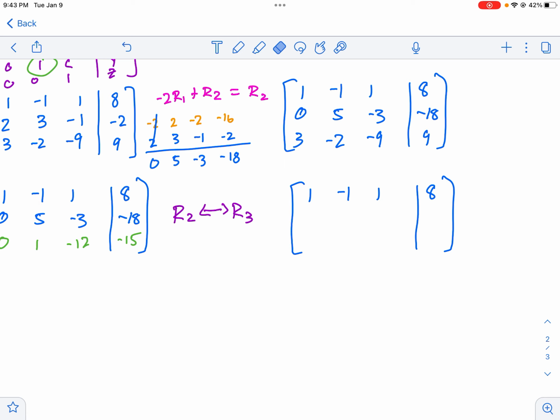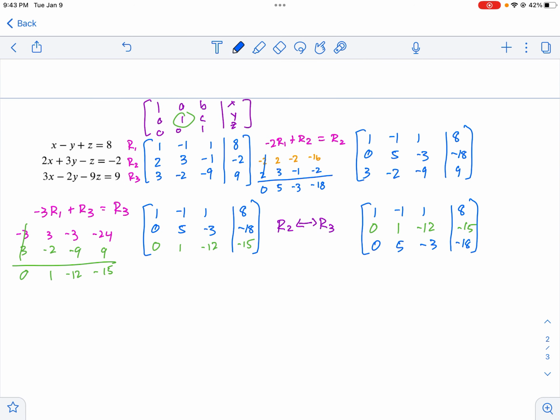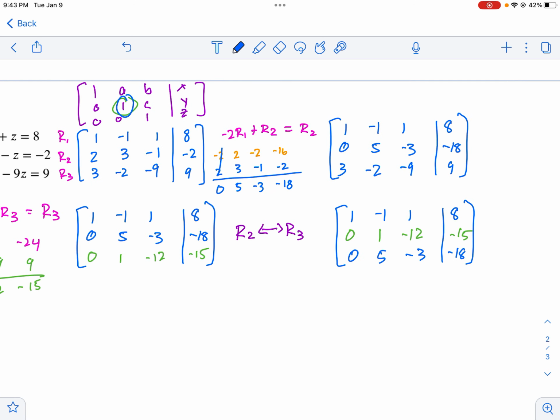So I'm going to take row 3, which is 0, 1, -12, -15. And I'm just going to flip the order with row 2, which is 0, 5, -3, -18. As you can see, it's important that you are organized, because it could get messy, especially if you make a simple mathematical error somewhere. Everything's going to go off. But I got that 1 in the middle like I want. So now row 2 is set. It's good to go. Okay. If I can knock out this 5, then we are almost done.